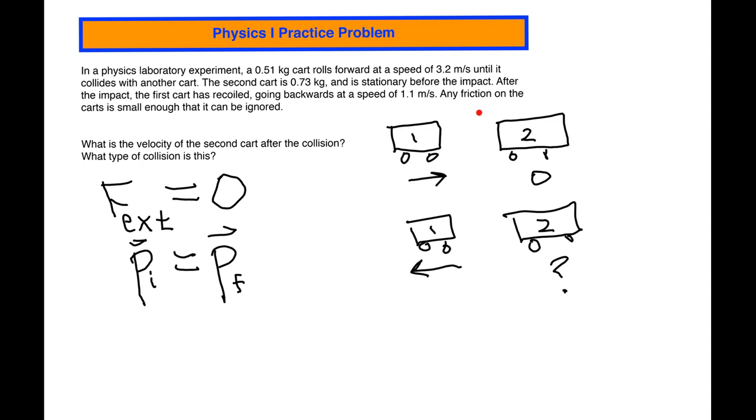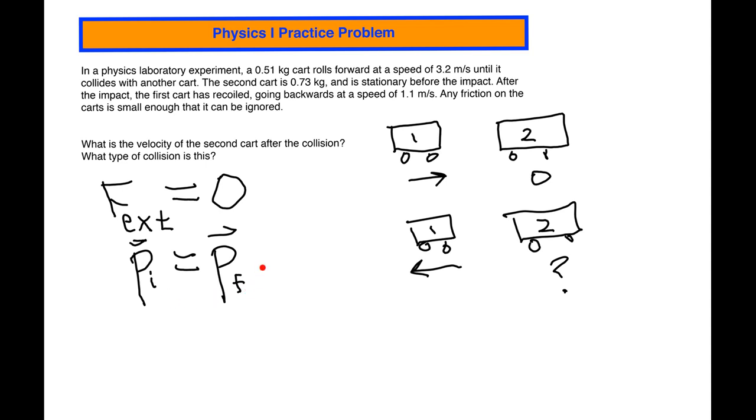There's a lot of force involved, right? These carts hit together, that's a big force. But because we're considering both carts part of our system, those are internal forces. The external forces from things like friction on the track on the carts is small enough that it can be ignored. That's the external forces that we're talking about.